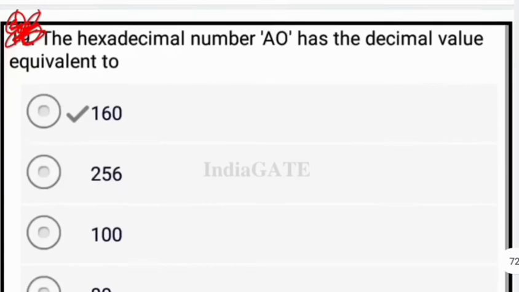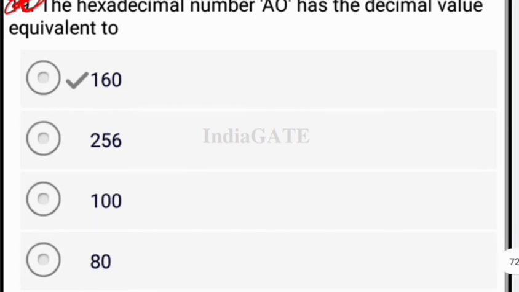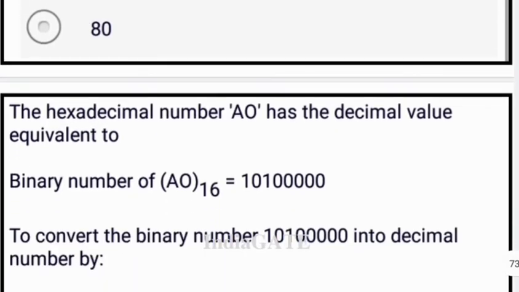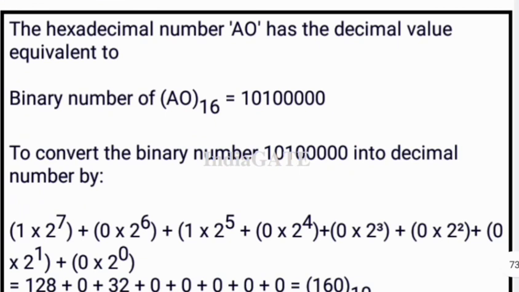Okay, now next question is: the hexadecimal number A0 is equivalent to what decimal value. So it is a very easy question. Okay, now come to the solution of this question. So here the hexadecimal number is given like this: A0, that is represented in the binary number like 1010 0000. A represents 10 and 0 represents your 0 digit.